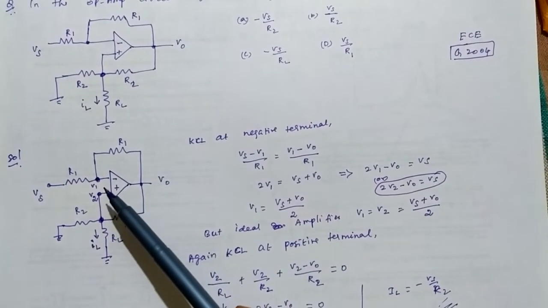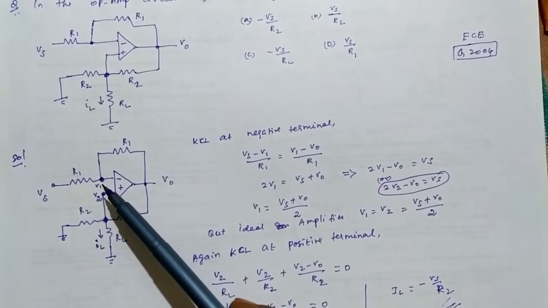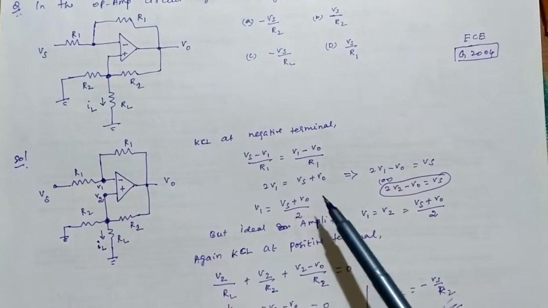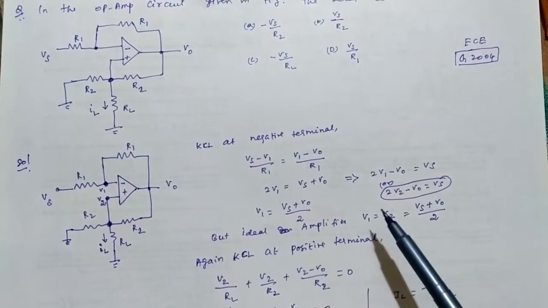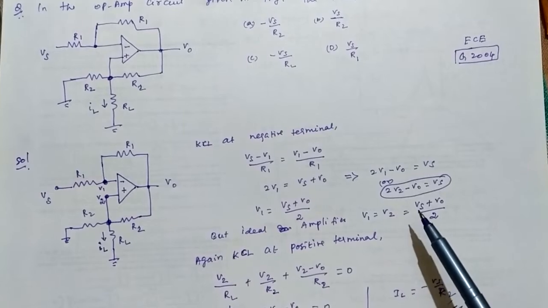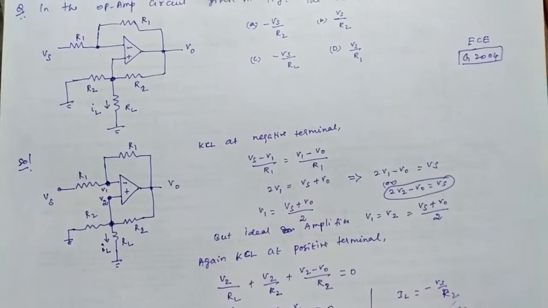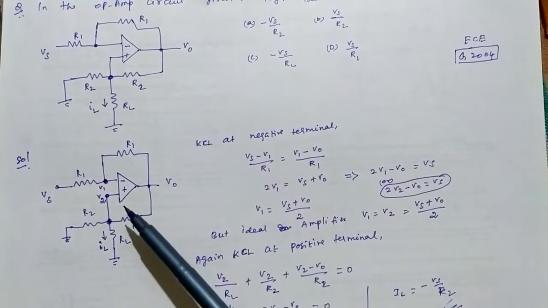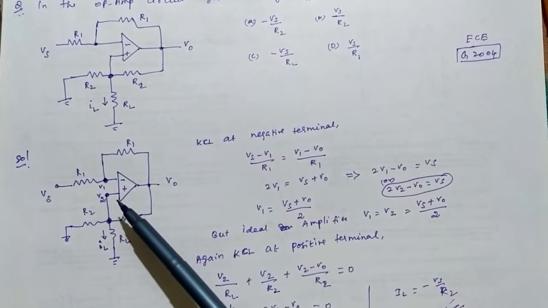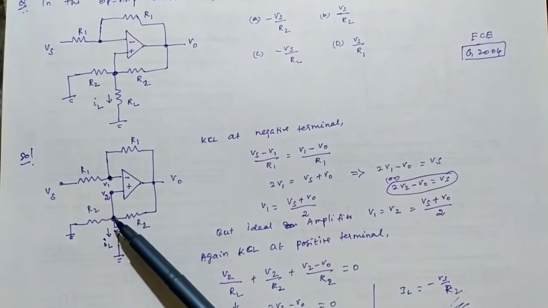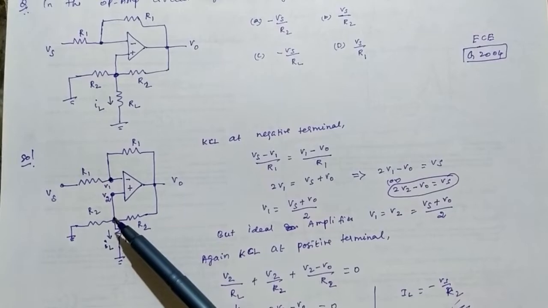Again, for an ideal op amp, V1 and V2 are equal. So V1 is otherwise V2, and V2 is (Vs plus V0) divided by 2. Now come to the positive terminal. At this node, which has the voltage V2, apply Kirchhoff's current law.